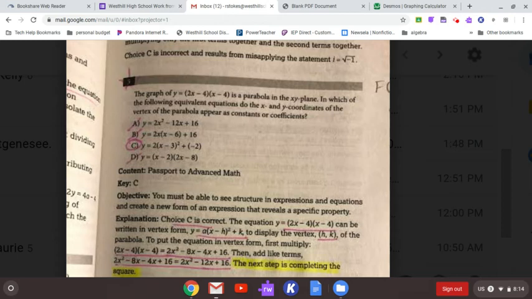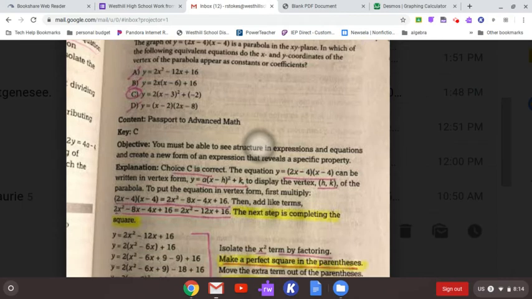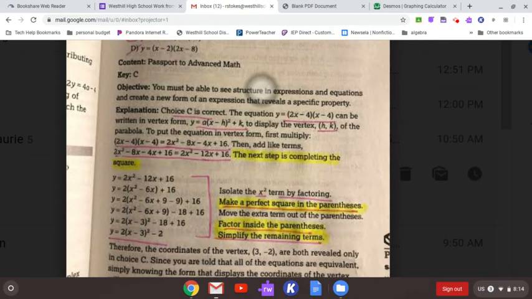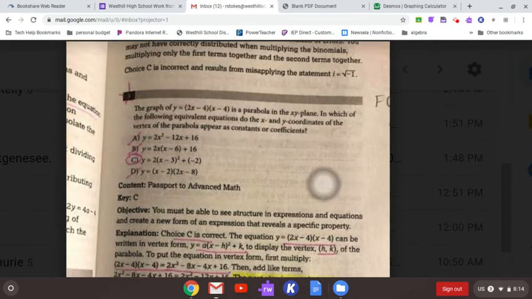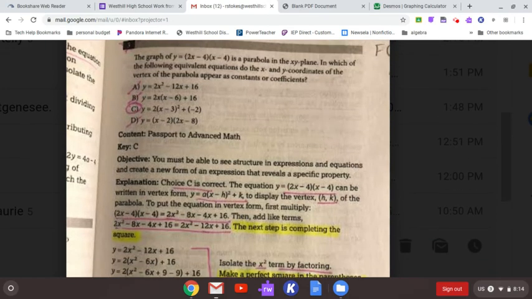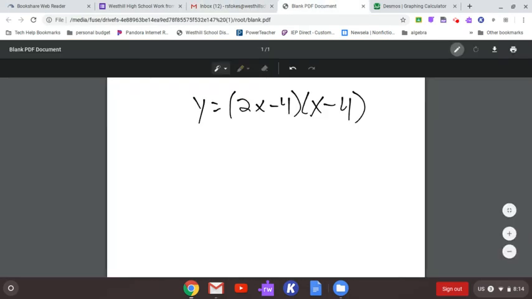We can also use the explanation they have down here, which is completing the square. This is a fun problem because it does get into everything. I'll walk through completing the square real quick. So here's our problem. The first thing they did is actually the FOIL, which we talked about the other day. We get our 2x squared, and then when you do the 2x in there, you get a negative 8x.